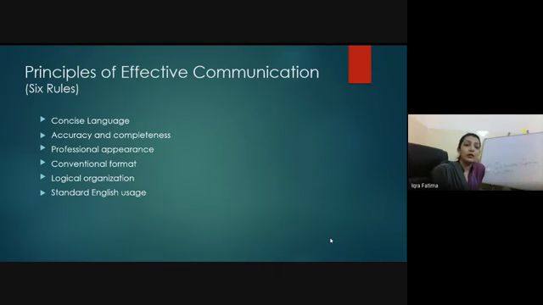The fourth thing is conventional format. Follow the conventional format. I told you when we were talking about formats in business writing and business communication why we always learn the formats: a letter has this format, an application has this format, a CV has this format. Why are these formats important?